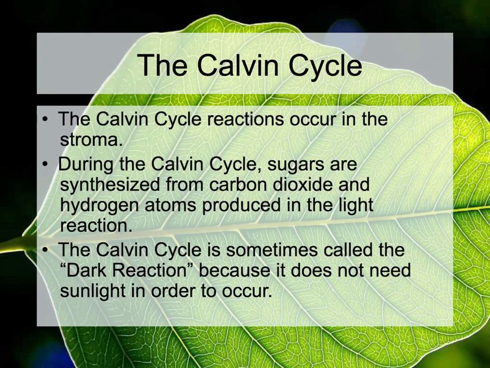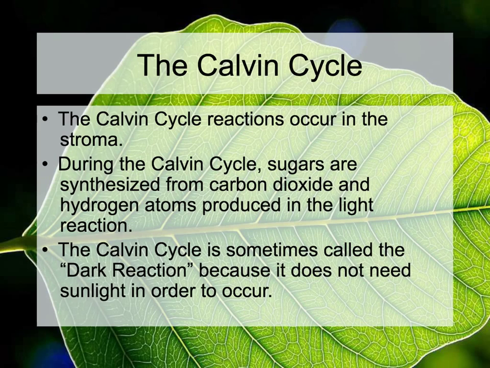During this process, this is where we input carbon dioxide, and take the ATP and NADPH from the light reaction, and this is where we actually make a precursor to the molecules needed to make sugar.